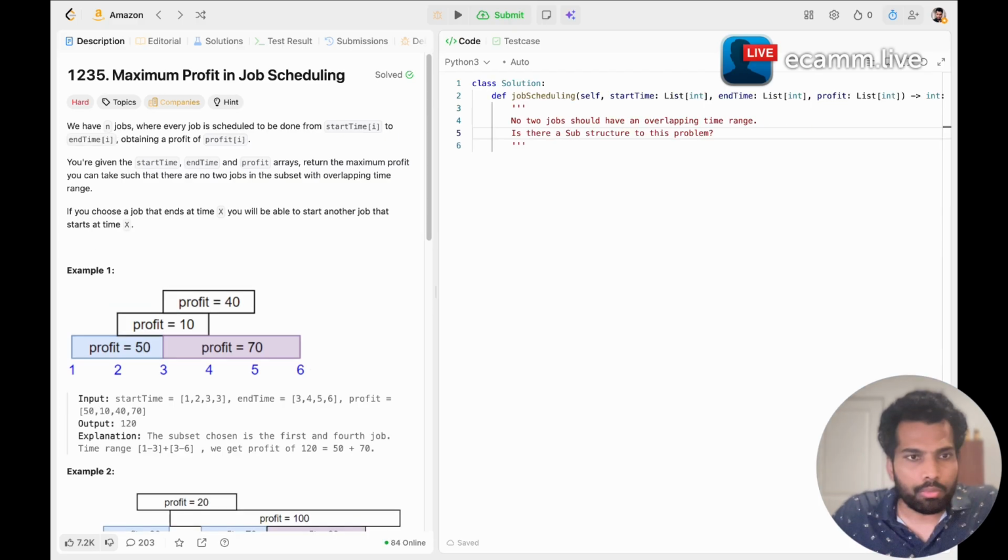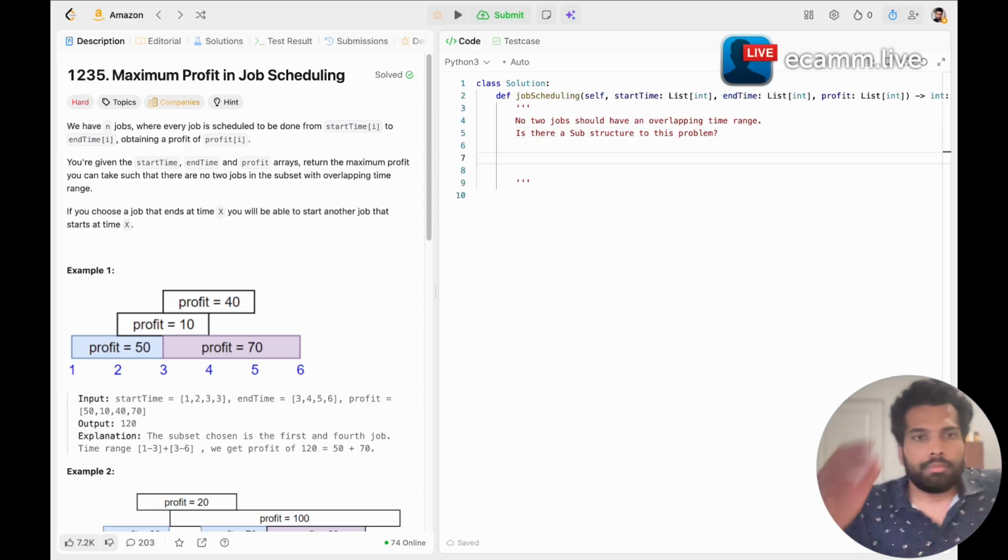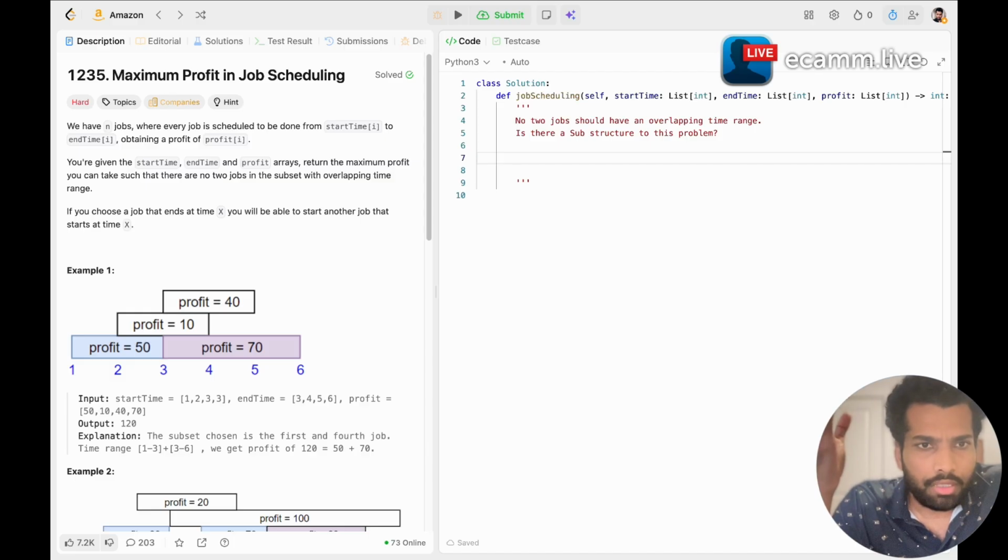Now let's take an example and see if we can try to solve this problem and get some intuition into this. So you have start time, end time, and profit. The goal is to see if this problem has a substructure in it.